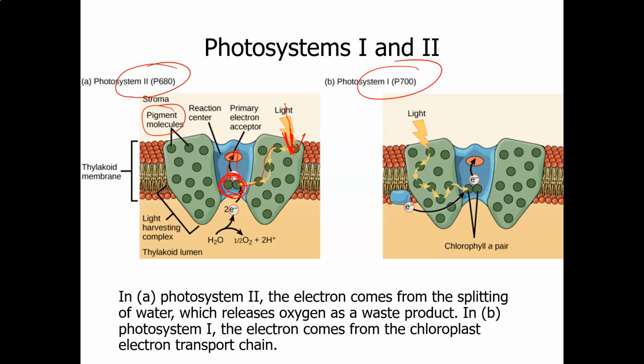The only thing I want to show you is that photosystem 2 splits a water molecule into oxygen and hydrogen ions and electrons. And these electrons from the water molecule replace the ones that are lost from the photosystem.